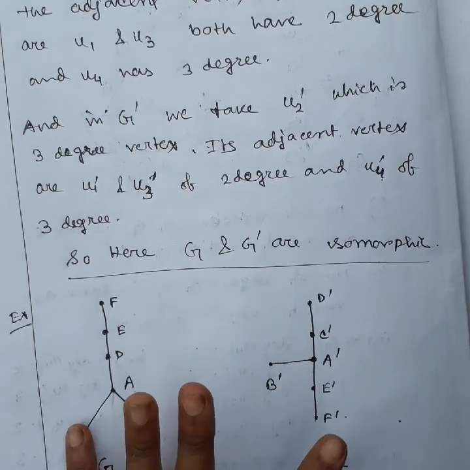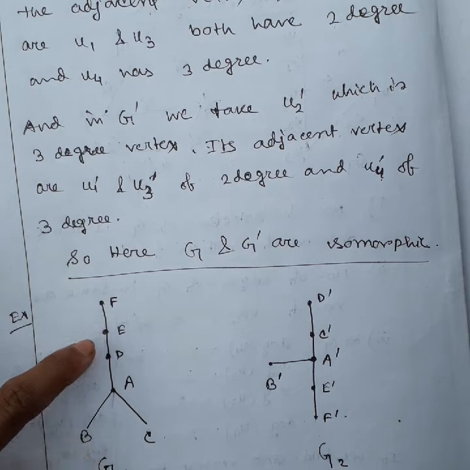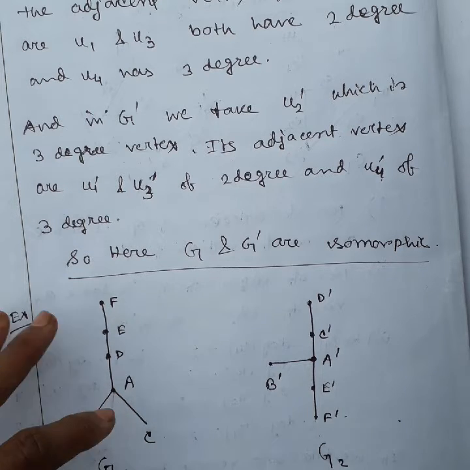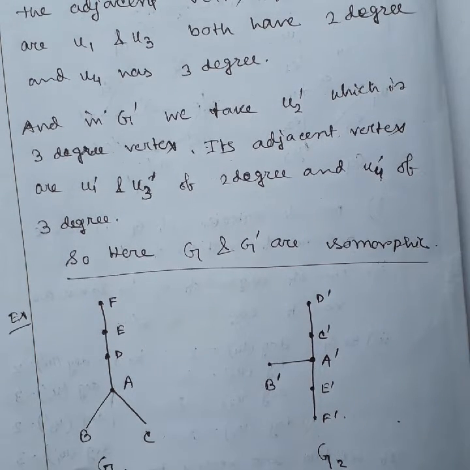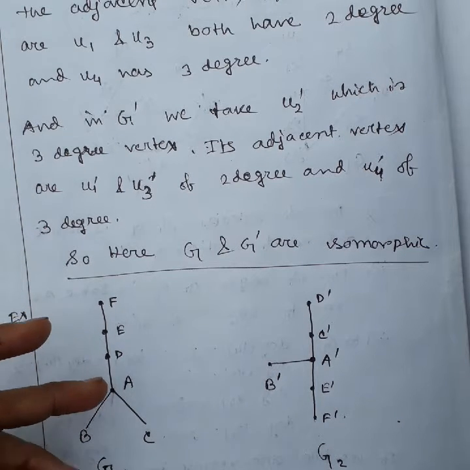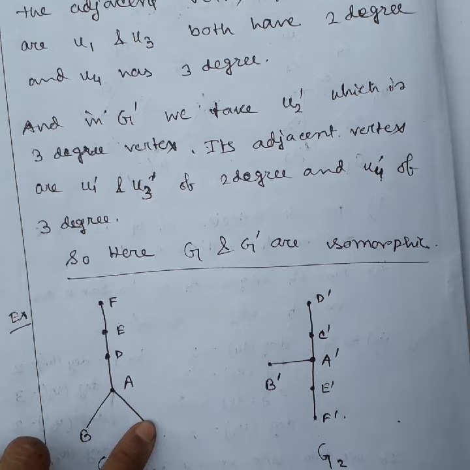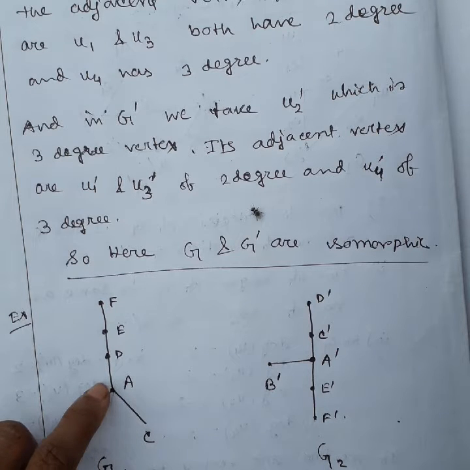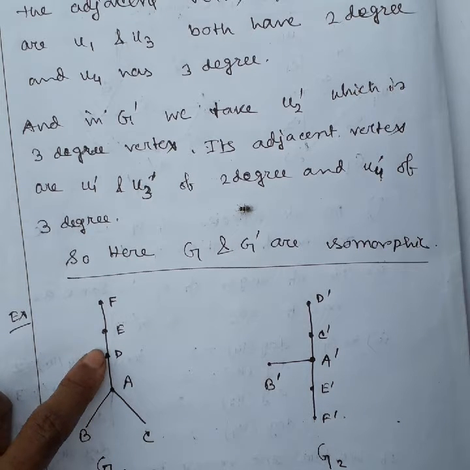Okay, so the number of vertices is the same, and the number of edges for G1 is 5, and for G2 it's also 5. So the number of edges is also the same, but in G1, if we take one 3-degree vertex, say A, it has 3 adjacent vertices. Okay, so out of 3 adjacent vertices, 2 are of 1 degree and 1 is of 2 degree.